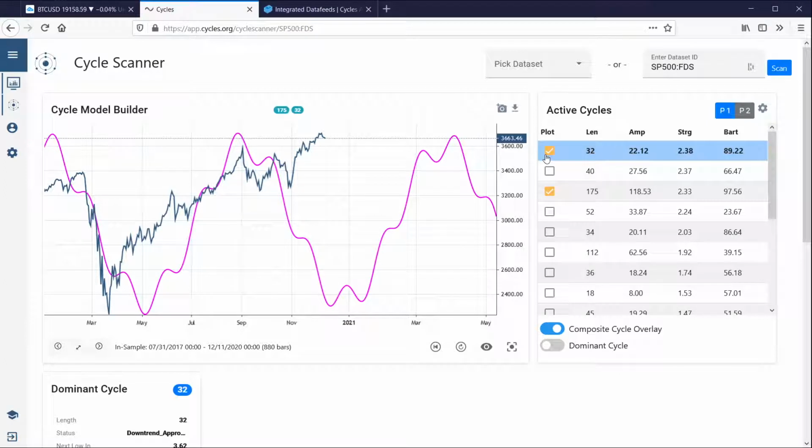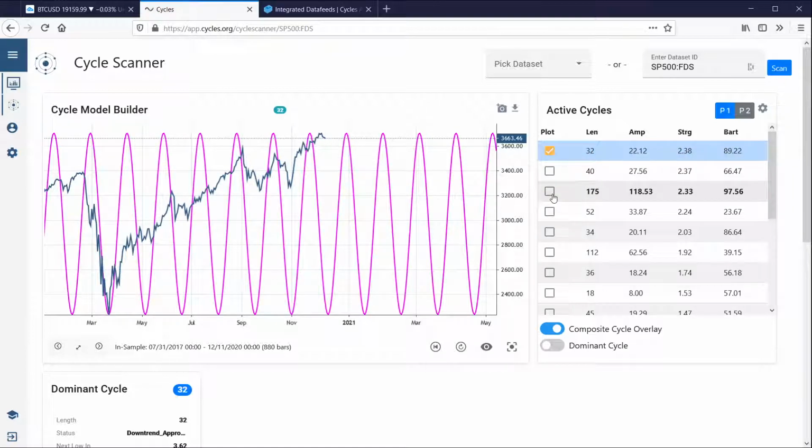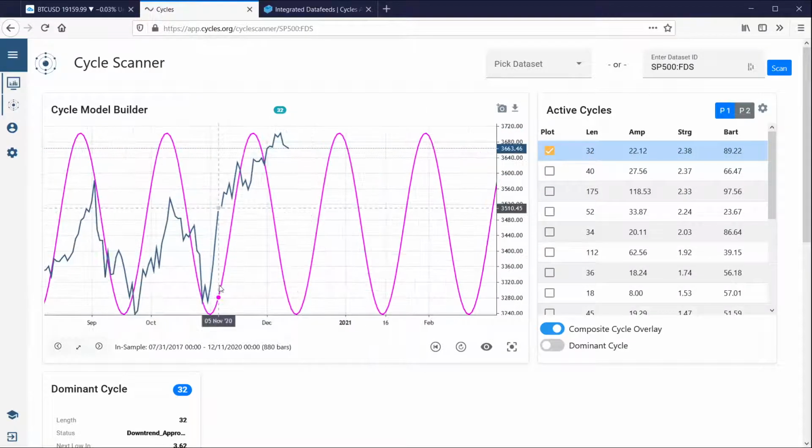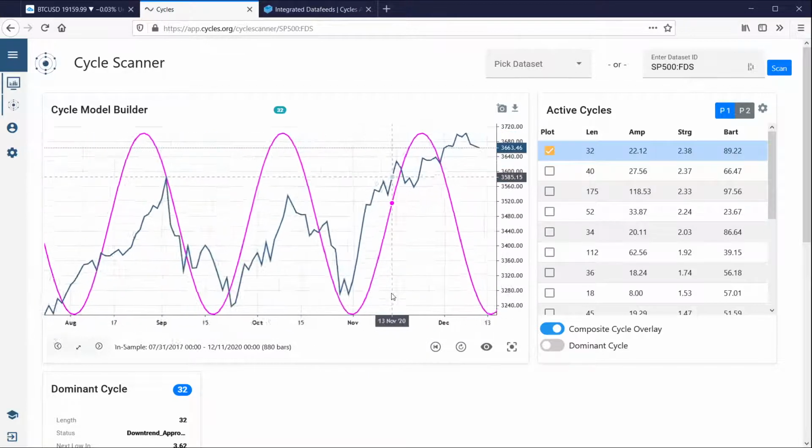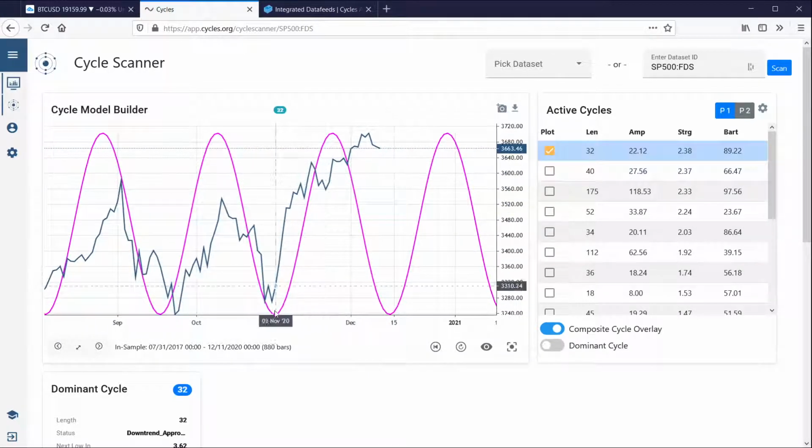But if you look at the cycle with the length of 32 on its own, and zoom in a little bit, this cycle clearly explained the upswing from the beginning of November into mid-November, and the end of December, where this shorter term cycle predicted a turnaround.